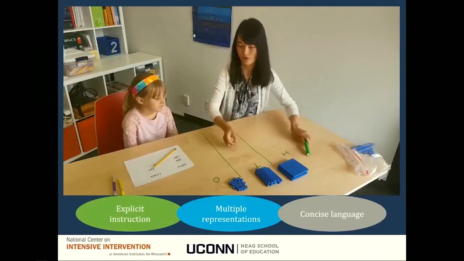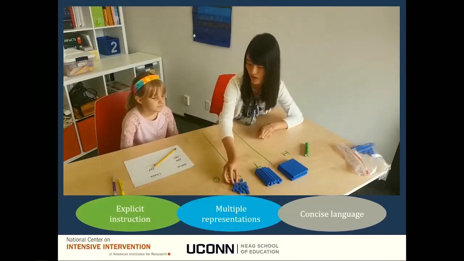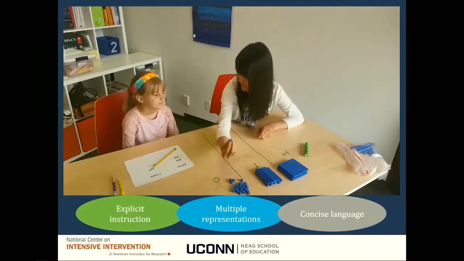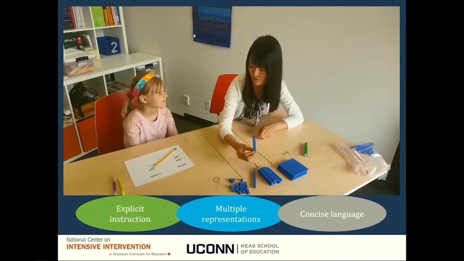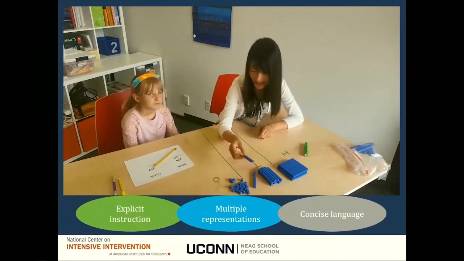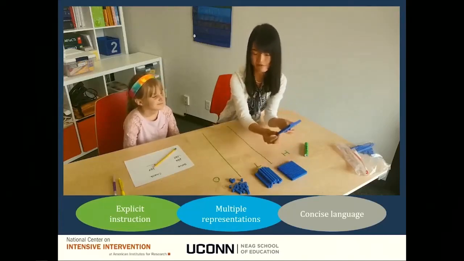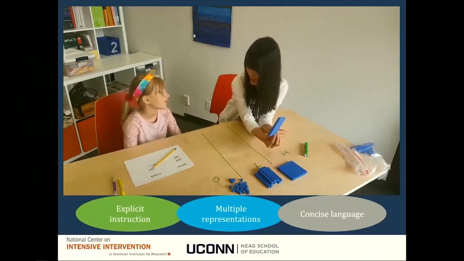So these little cubes are our ones. One cube represents 1. Good. And one rod represents 10. Good job. And one flat represents 100.